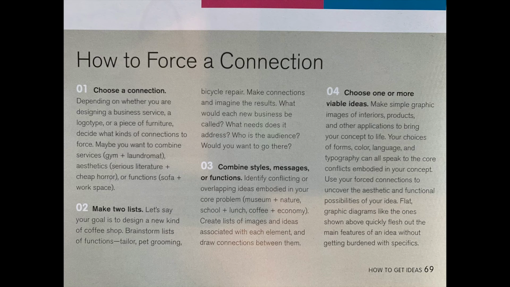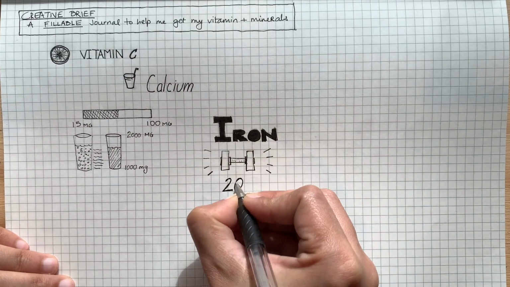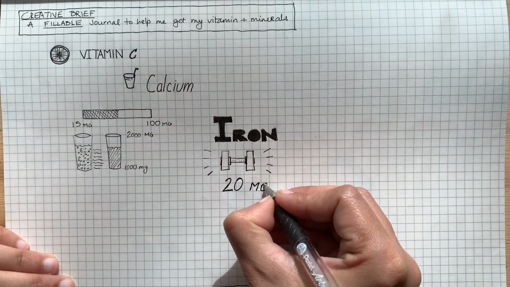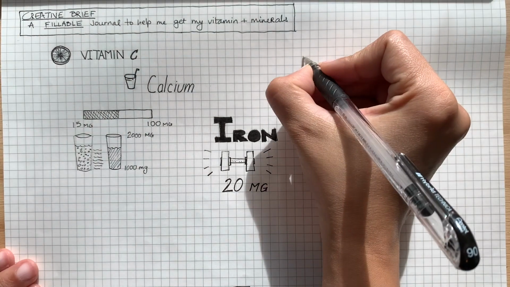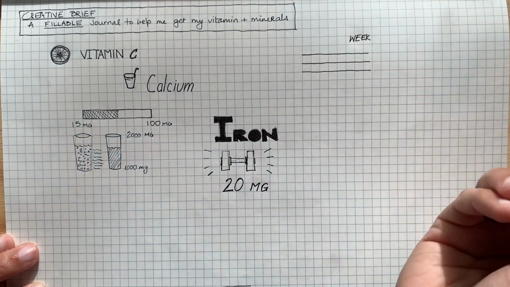Basically a forced connection is to figure out some connections that you have and put them together, including combining styles, messages, or functions. So here I am looking at the word iron. I thought of the icon for a dumbbell to show iron. So I'm writing that down.